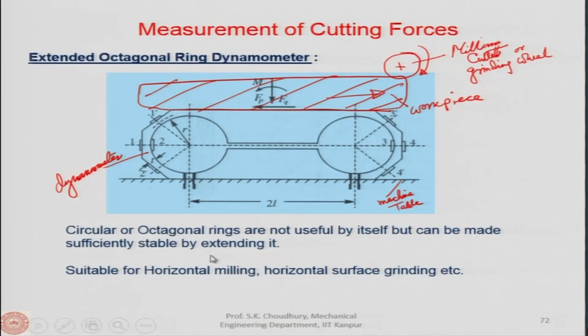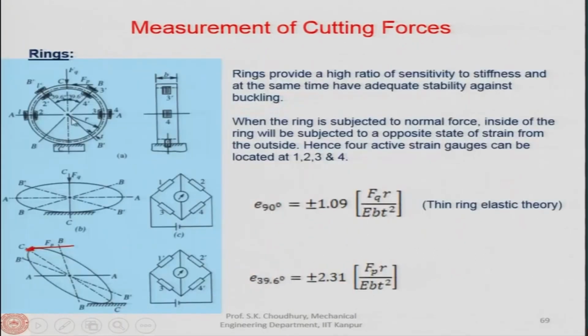Okay. So, circular or octagonal rings are not useful by themselves, but can be made sufficiently stable by extending them. I will once again remind you that here we have the circular ring type structure, and although these structures are rigid enough and can withstand a lot of force, buckling does not happen.